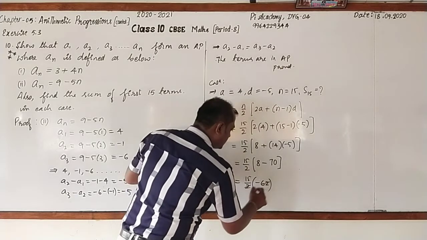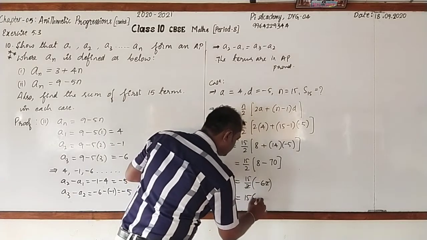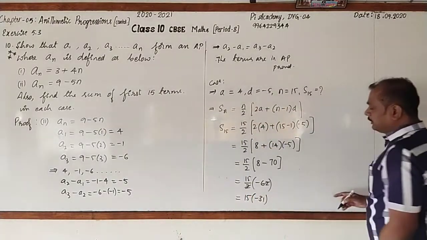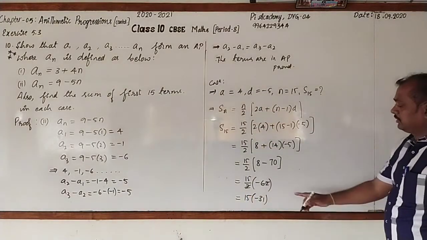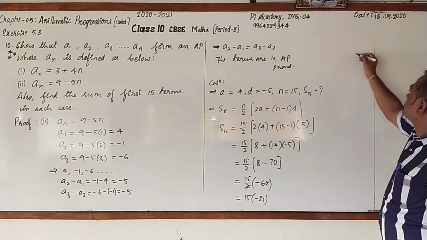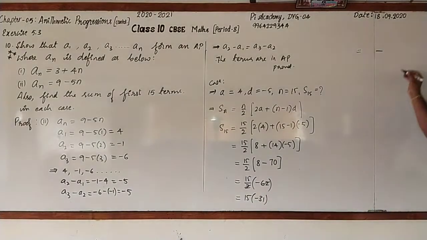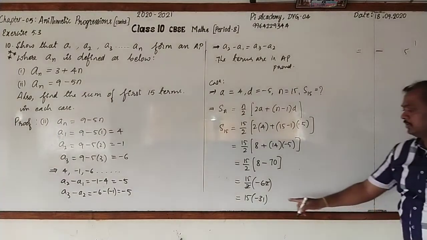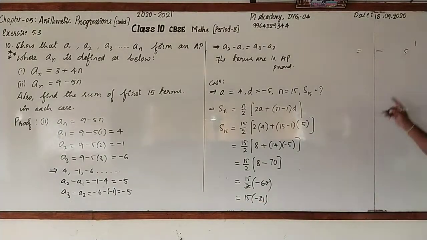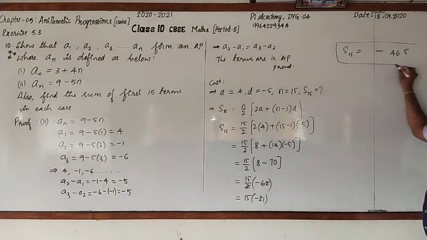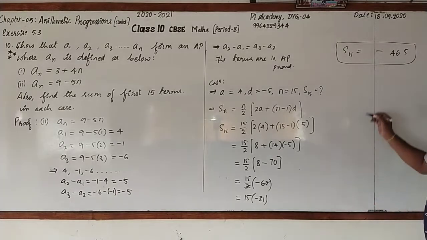Cancel it. 2 ones are 1, 2 31s are 31, so minus 31. Multiply 15 and minus 31. This is equal to minus. 15 1s are 15, carry 1. 15 3s are 45 plus 1, 46. So S15 is minus 465.